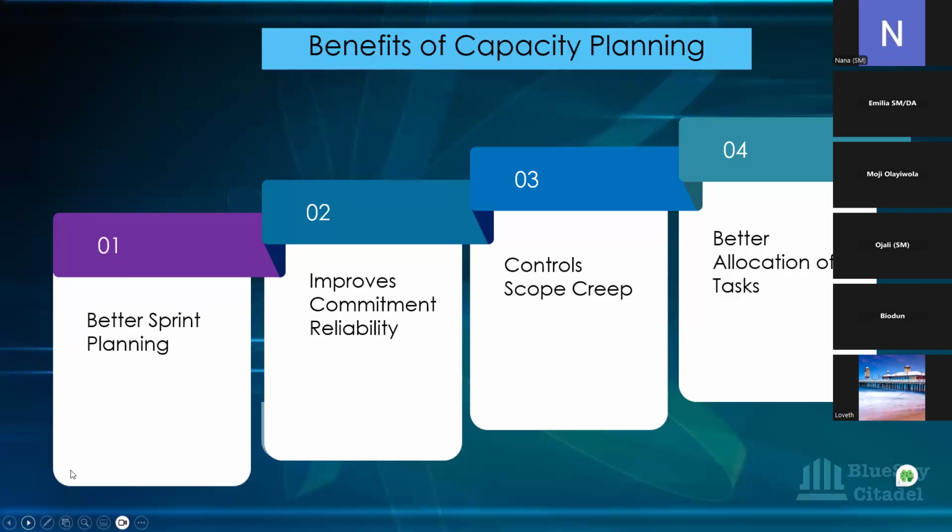It also helps to control scope creep. Scope creep is when additional work is added to the sprint apart from what has initially been planned. So a team is able to control the increase that comes through the sprint based on negotiation with the product owner, because they know their capacity. So we've started the sprint, and then the product owner is coming in with more. And then we're saying, okay, so our capacity.